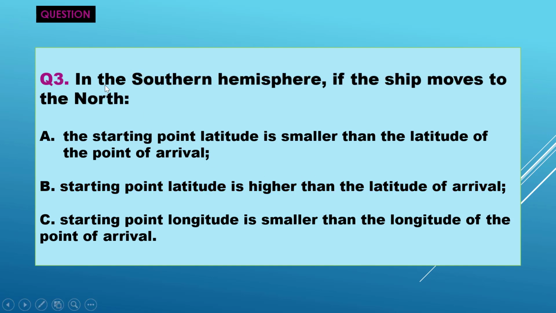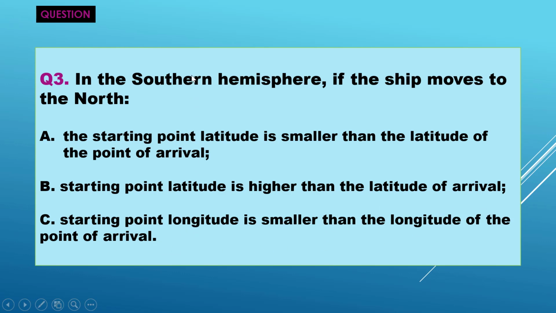Another question again. In the southern hemisphere, if the ship moves to the north, A, the starting point latitude is smaller than the latitude of the point of arrival. B, starting point latitude is higher than the latitude of arrival. C, starting point longitude is smaller than the longitude of the point of arrival.